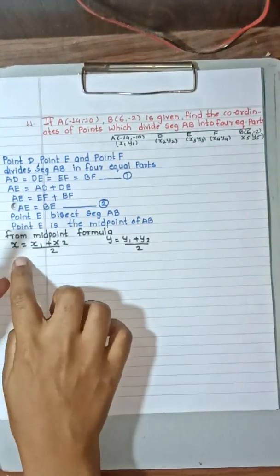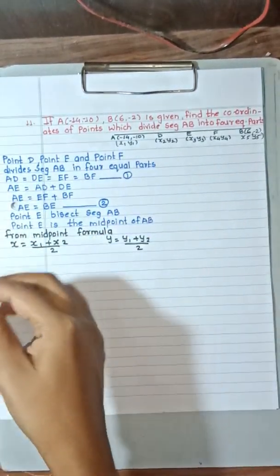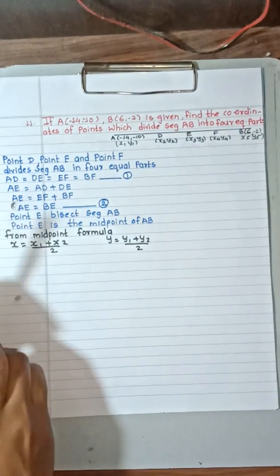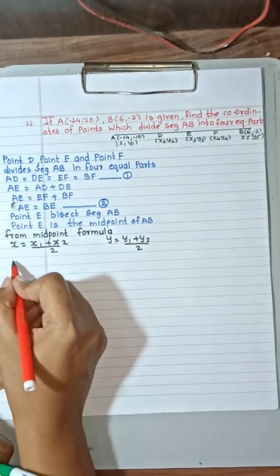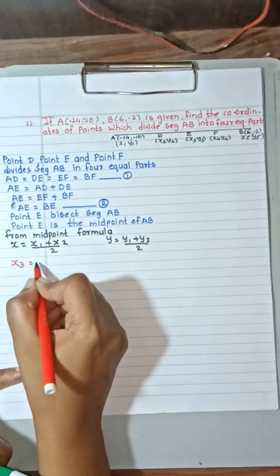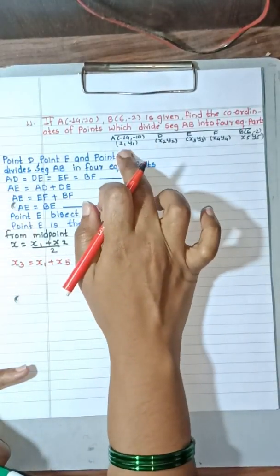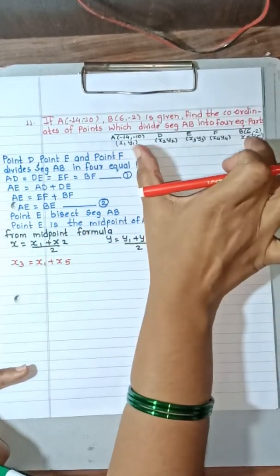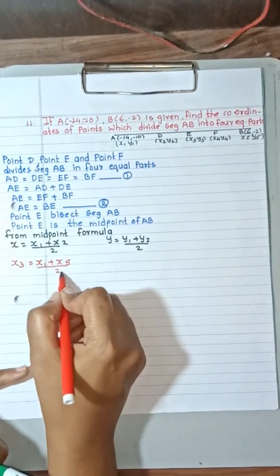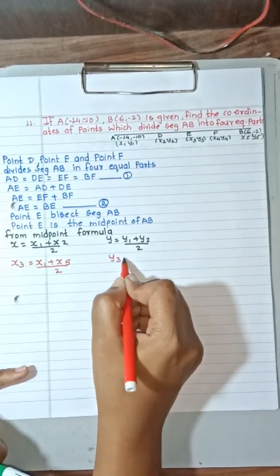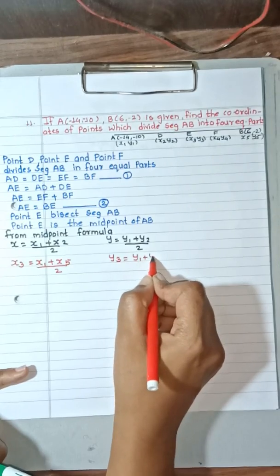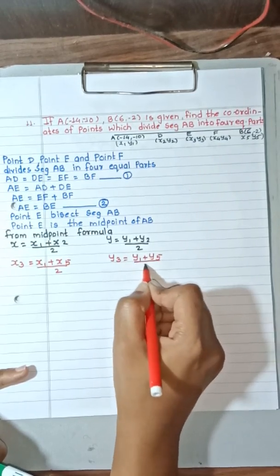Now here we are going to find the value of x3, so the formula is also going to change. Formula will be x3 is equal to (x1 plus x5) upon 2, since the coordinates of x1 and x5 are given. Similarly for y3 it is the same, that is (y1 plus y5) upon 2.